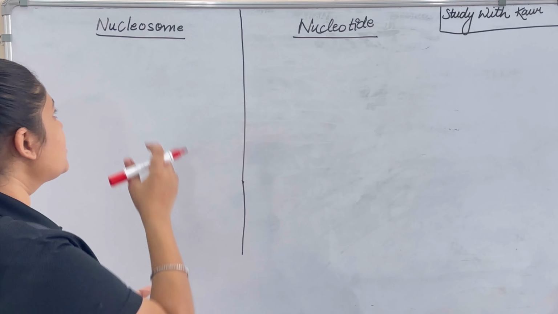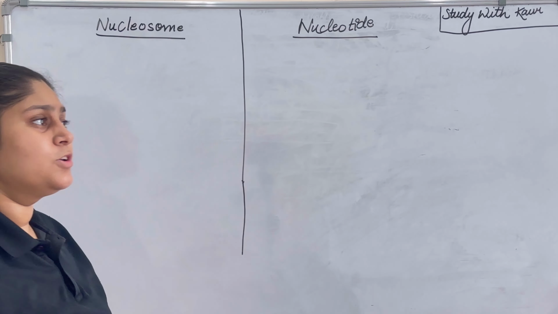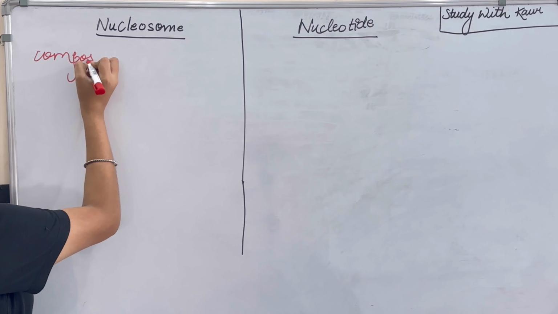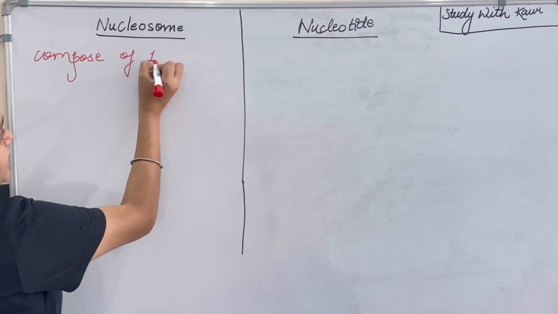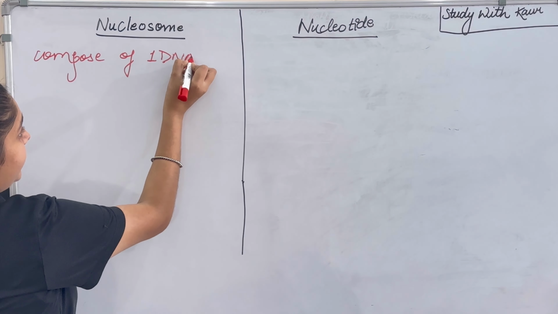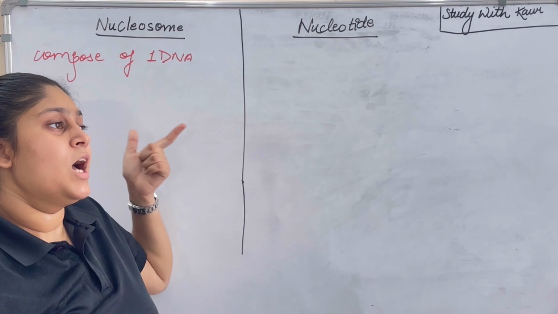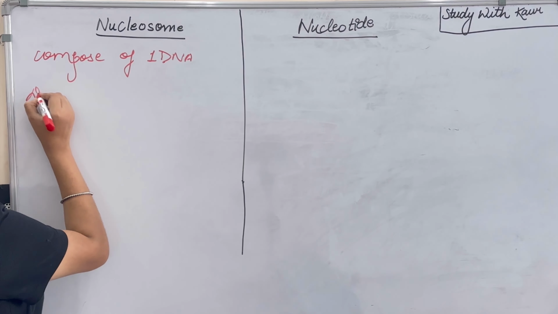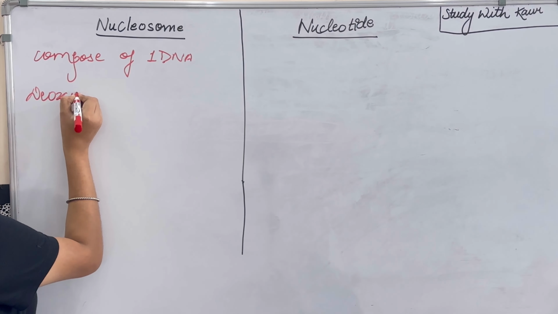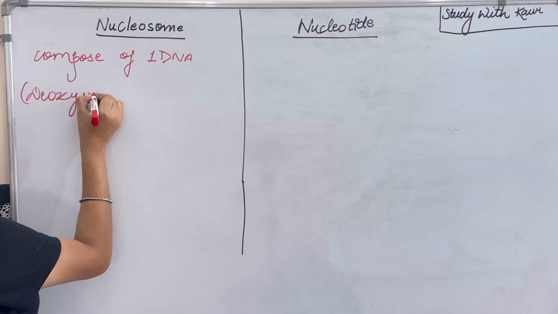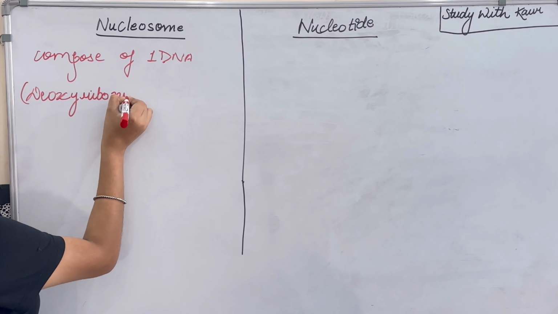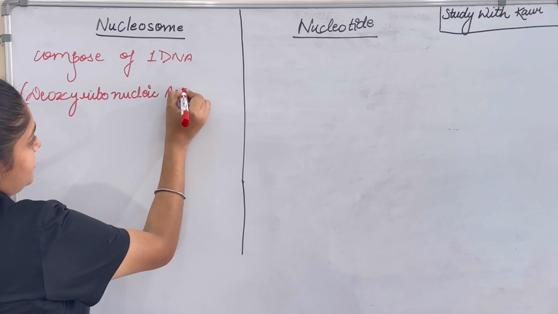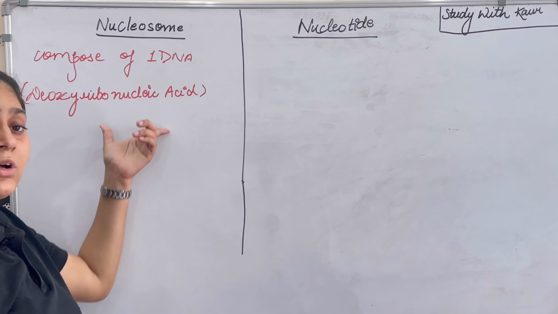Okay, so let's do this. What are nucleosomes? Nucleosomes are composed of one DNA. DNA stands for deoxyribonucleic acid, spelled D-E-O-X-Y-R-I-B-O-N-U-C-L-E-I-C acid.